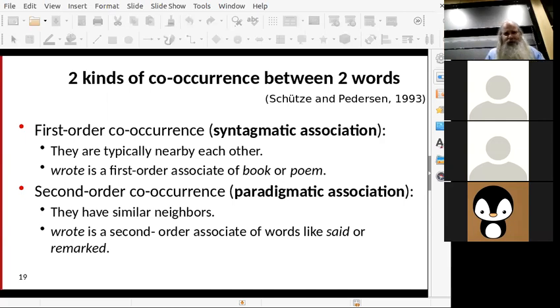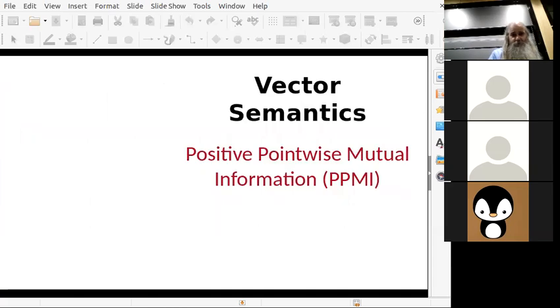So one is we're talking about the relation between a word and the words that would appear in its context. And the other one is we're looking at context and seeing what words can be similar between them. It's just a different way of looking at the same information. We have that information, okay?